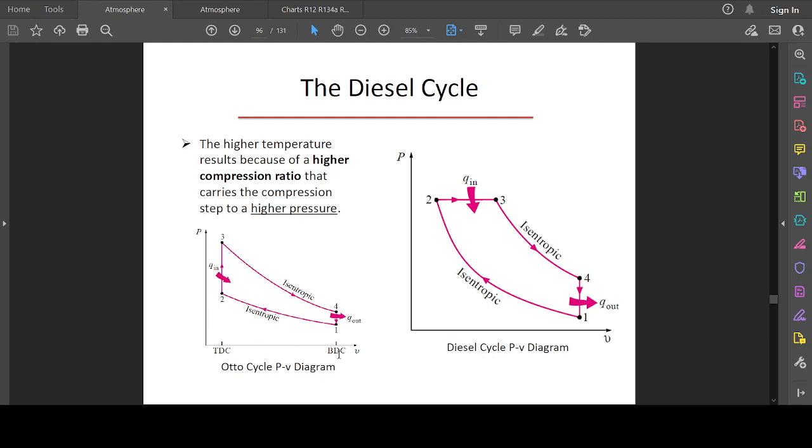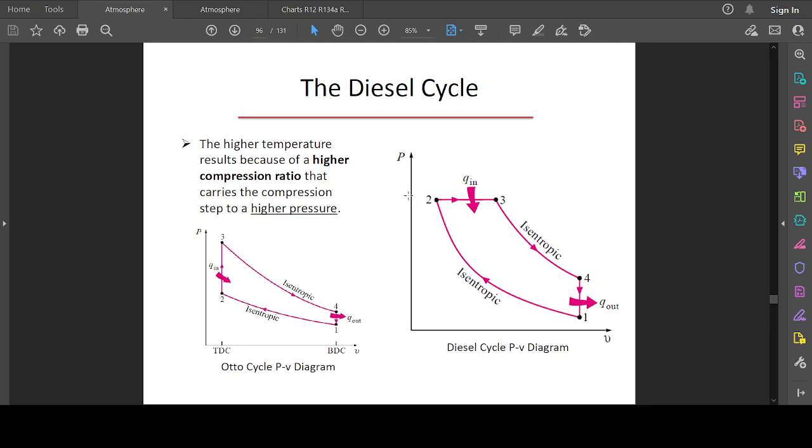So on the Otto cycle, we have the PV diagram shown here, and we can see that the pressure increase starts from stage 1 to 3 as it drops back. But in a diesel cycle, we have an isentropic process of pressure increase from stage 1 to 2.